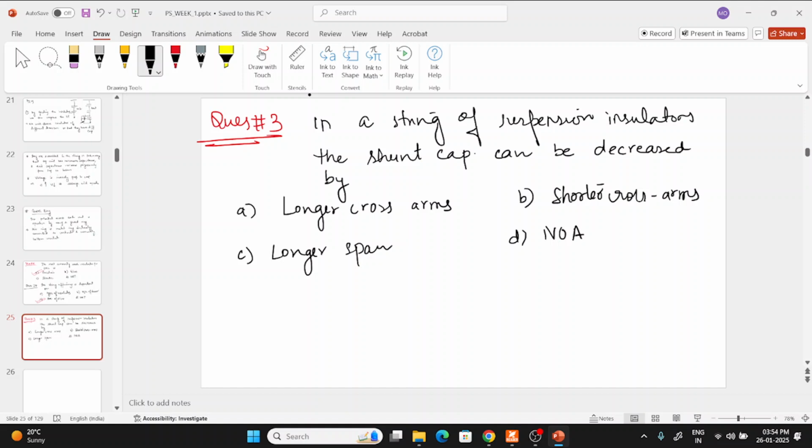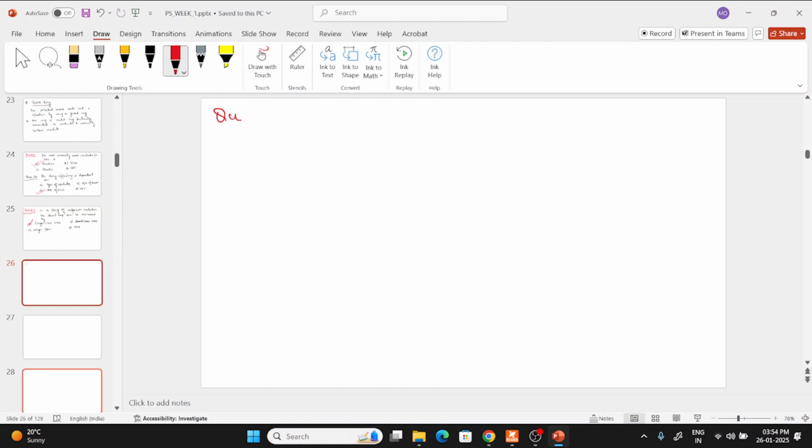So tell me the correct answer. So people are saying yes, longer cross arm. Longer cross arm is the correct answer.